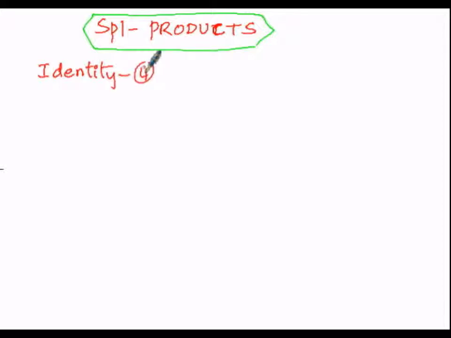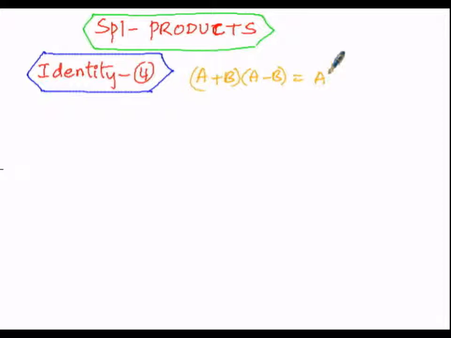So, here identity number 4 is (a plus b) into (a minus b) equals a square minus b square.